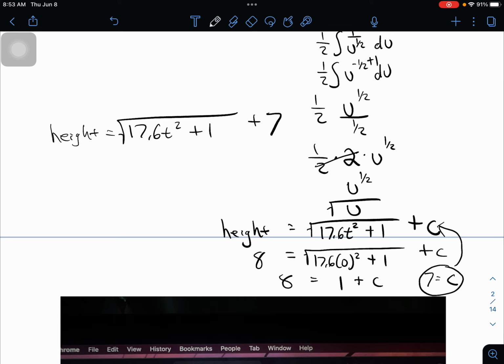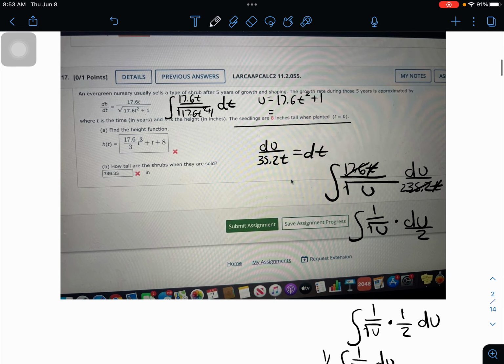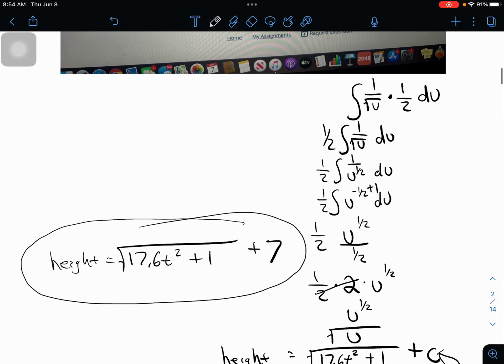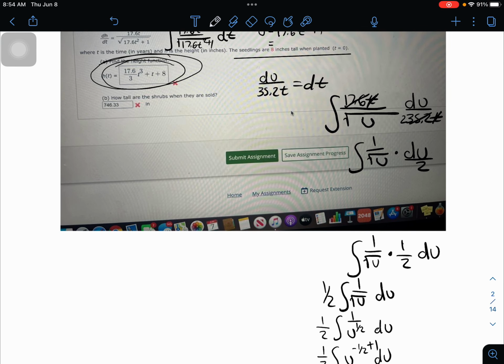And that's my specific function right there. That's my specific height function right there. And that's the answer that goes right here. That's the answer that goes right there. That is your height function.